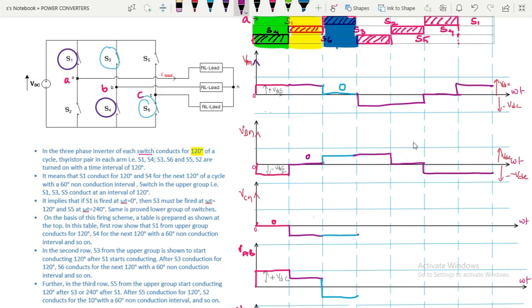Likewise VCN will be 0 for the next 60 degrees and plus VDC by 2 for the next 120 degrees, and 0 for the next 60 degrees. So this will be repeated.